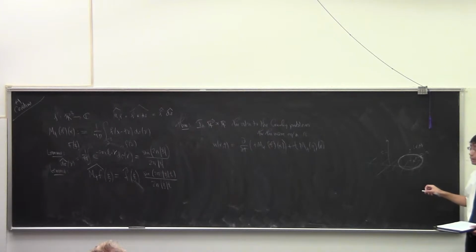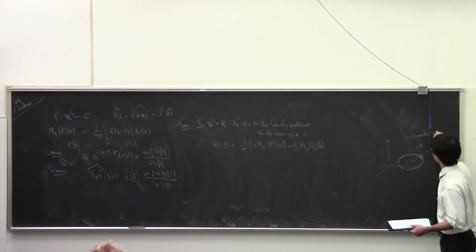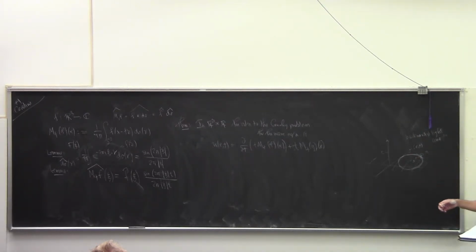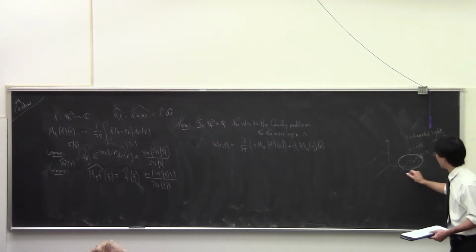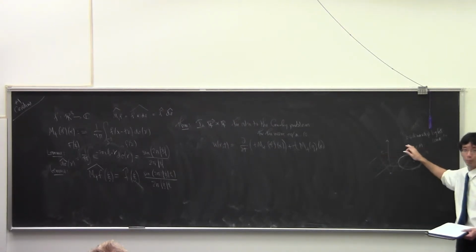This is the so-called backwards light cone. If you read the text, they call this thing the backwards light cone. Another way of saying that is that data at a particular point affects things in spheres going upwards.